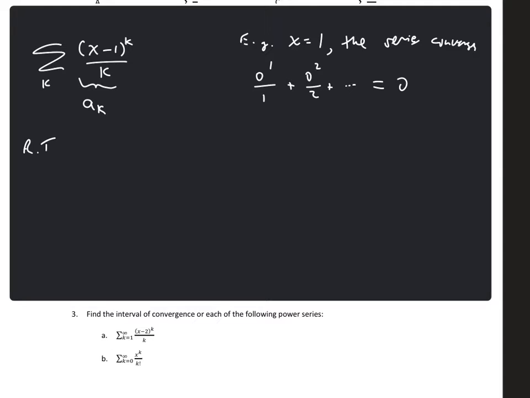So the ratio test says that I should be able to look at this limit, and we've seen that the denominator is easy to write down because it's literally just the a sub k's.